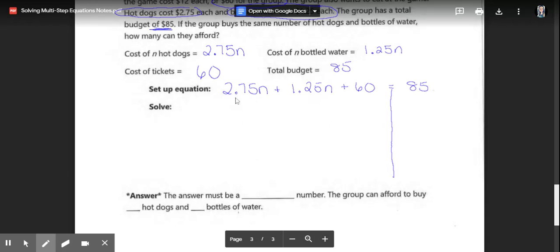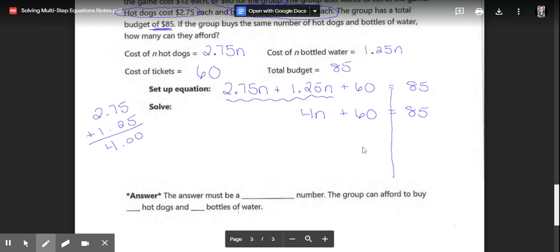The 2 terms that have an n, the 2.75n and the 1.25n. If I add together 2.75 plus 1.25, that'll give me a total of 4, or 4.00. So I'm just going to simplify that and make it say 4n plus 60 equals 85.